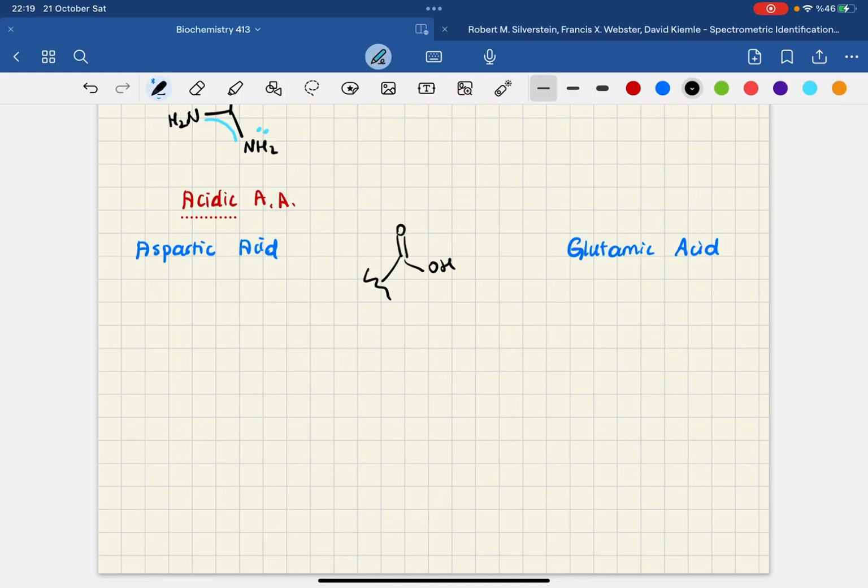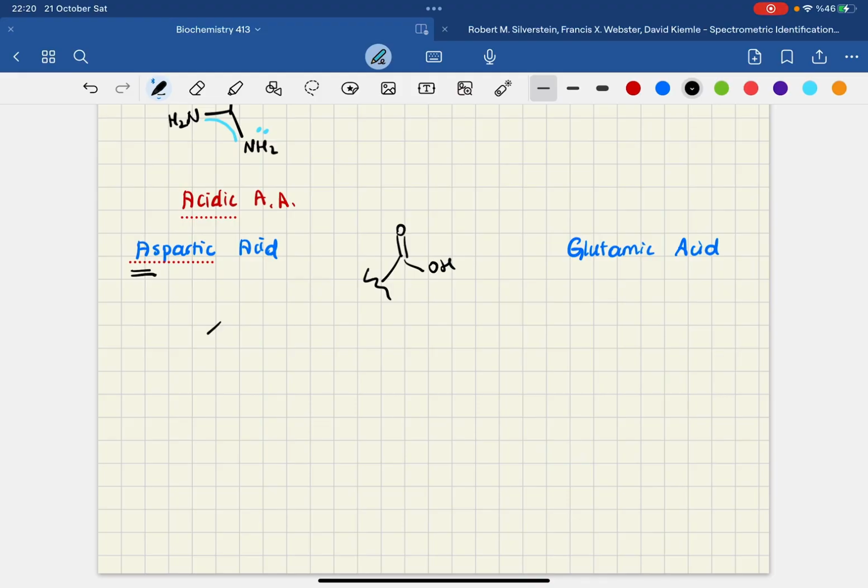We know that, but there's a slight difference. Now, aspartic acid has just 1 carbon in its R group, whereas glutamic acid has 2 carbons in its R group. All right, now how to remember this? Aspartic acid has an A, which is the first letter in our alphabet. So first letter means we have just 1 carbon in our R group.